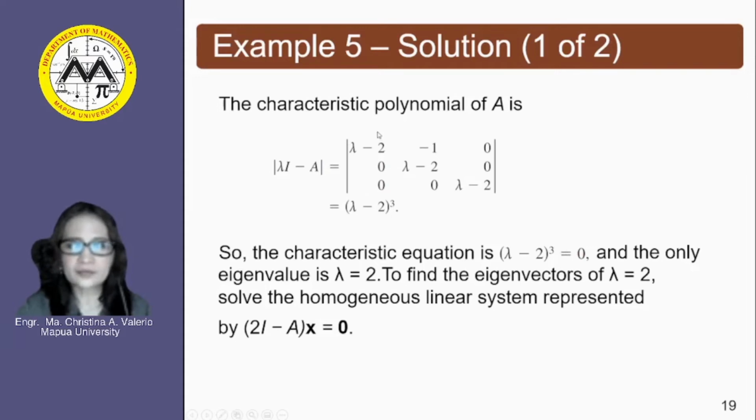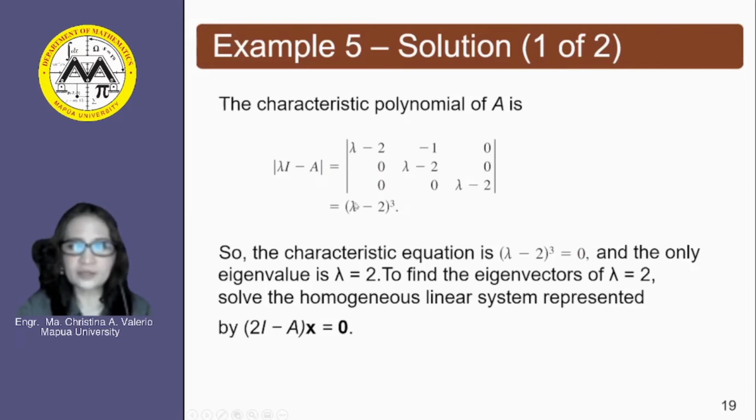So doing that, we consider lambda multiplied by I minus A, which will result in this matrix. We will have lambda minus 2, minus 1, 0, 0, lambda minus 2, 0, 0, 0, and lambda minus 2. Since we're asked to find the determinant, we can just apply the technique for an upper triangular matrix.